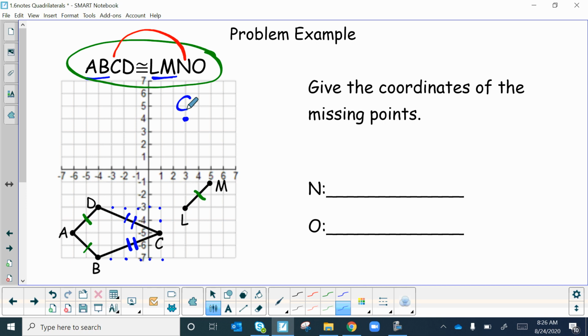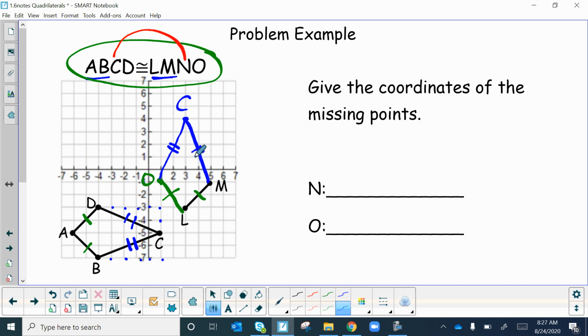And so I can mark from there to there. So that's the longer one. And then I can carry that same pattern over from L to get O. 1, 2 over, 1, 2 up. So that can be O. And then continue this one over here. So that forces those to be equal.